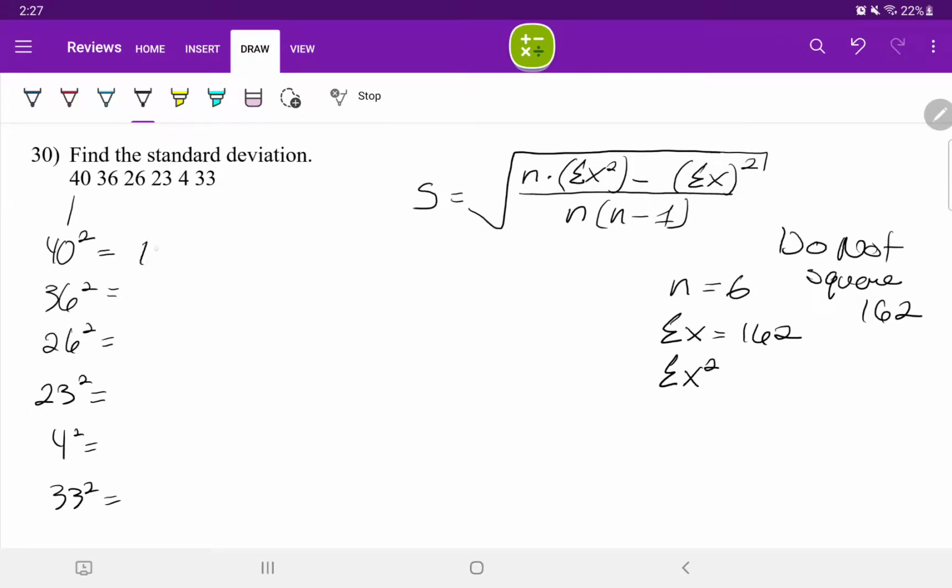40 squared is 1600. 36 squared is 1296. 26 squared is 676. 23 squared is 529. 4 squared is 16. And 33 squared is 1089.